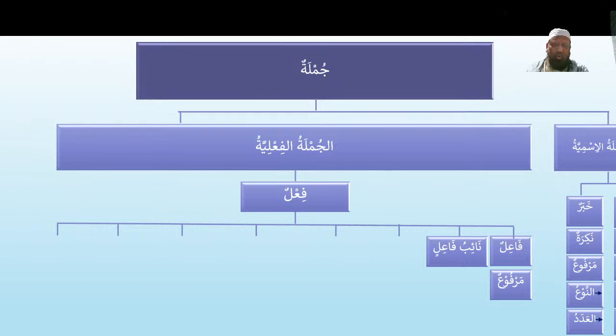Another slot we learned a few lessons back is the naibul fa'il. Naibul fa'il comes when the fi'l is al-fi'l al-majhul, and we know how to make al-fi'l al-majhul. The first letter gets a dhamma, the second to last letter gets a kasra.